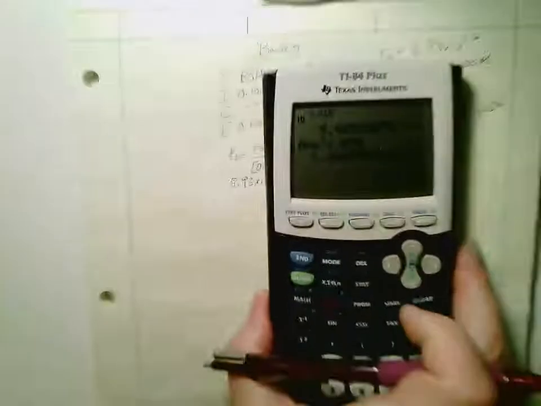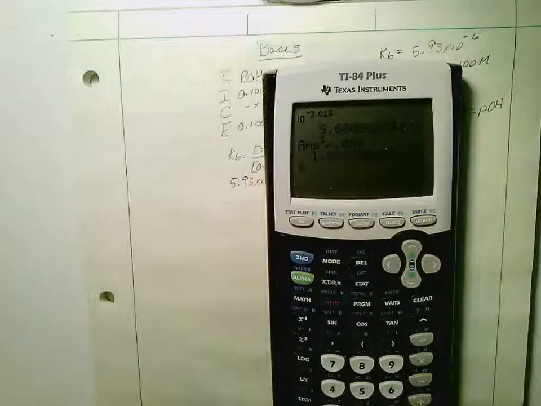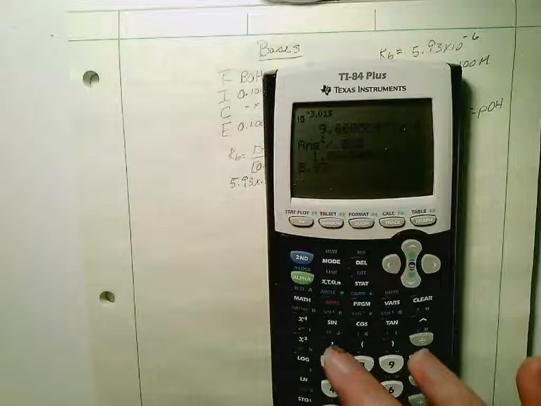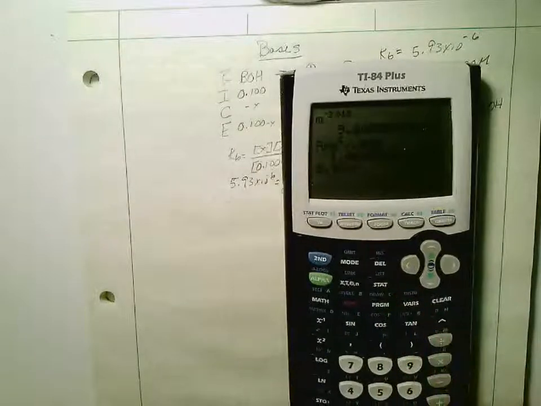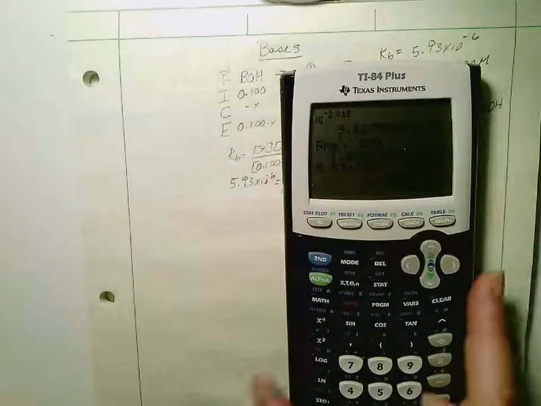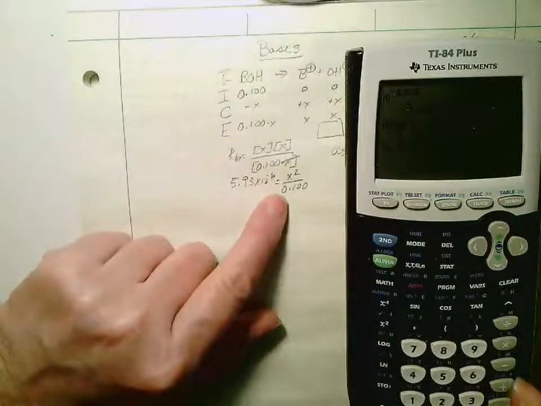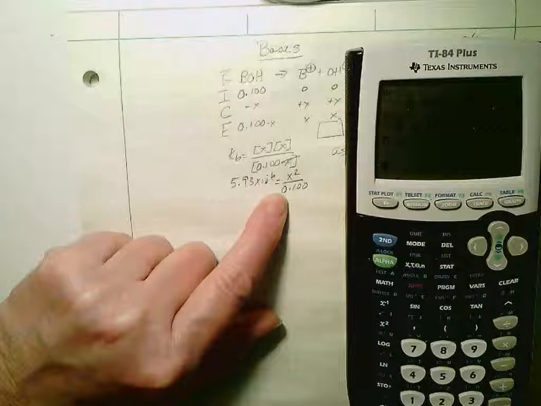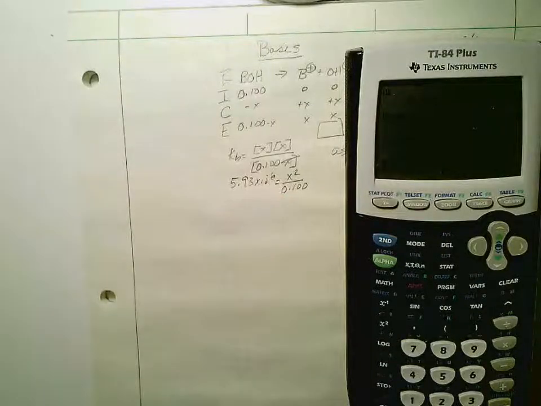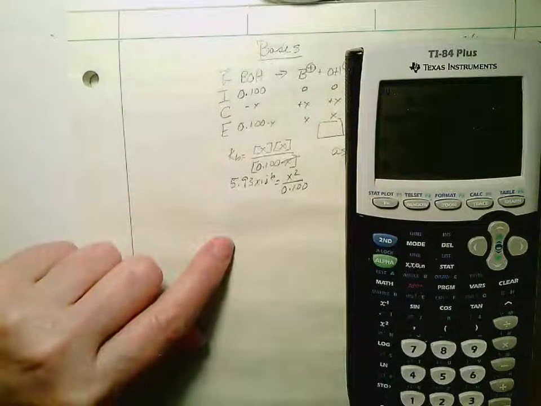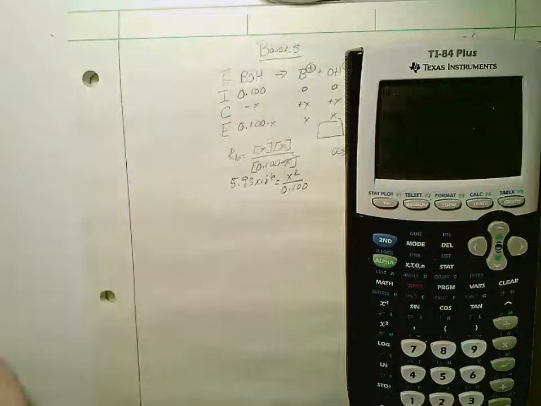So, to do the math, 5.93 second E negative 6, and I'm going to multiply by 0.1, and that gives me this number. And then to calculate what x equals, I need to take the square root of it.